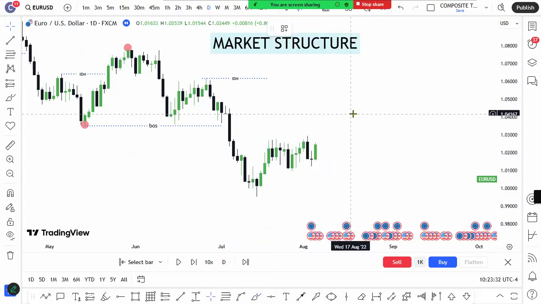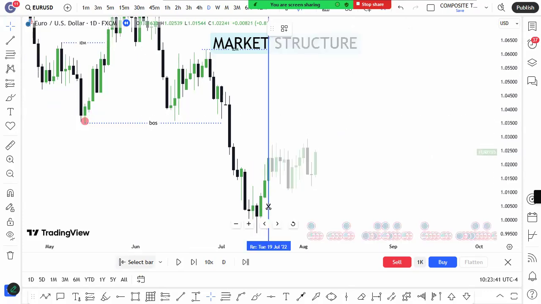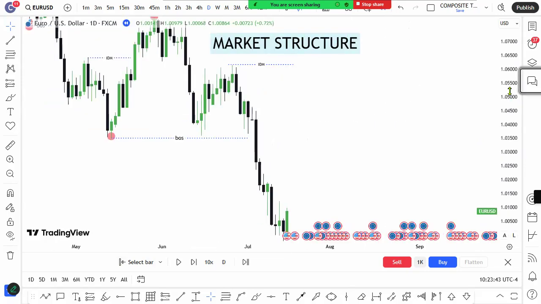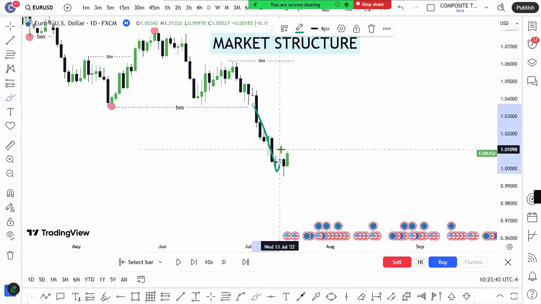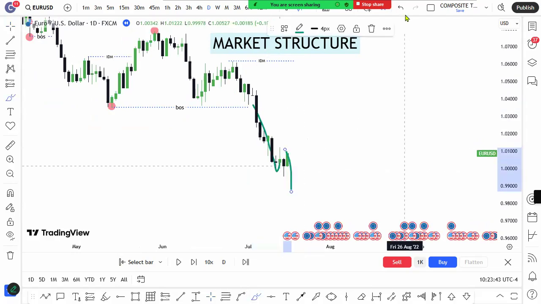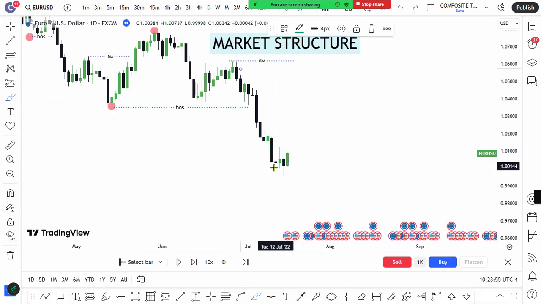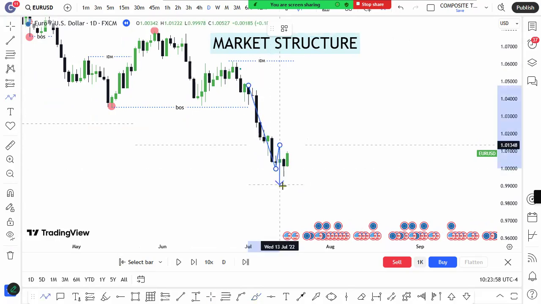Okay, price created a new inducement. If we look at this one here, we have a valid pullback. Small, minor. High, then the low.